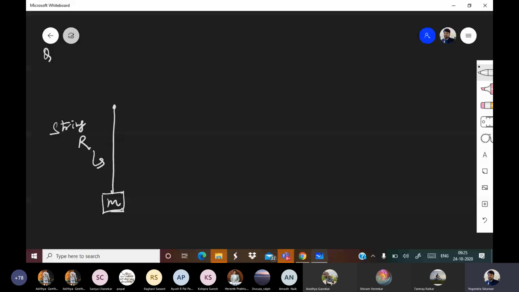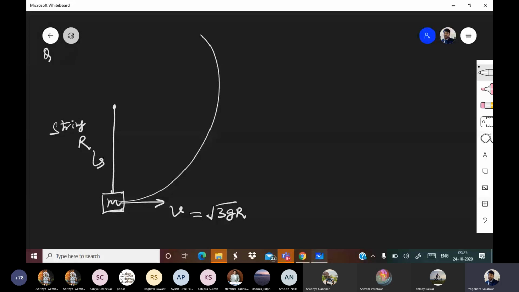Now when the object is at the lowest point, we have given it velocity v is equal to root 3gr. So due to that, what will happen? Pay attention. Object will go like this, and at some point it will lose the vertical circle.